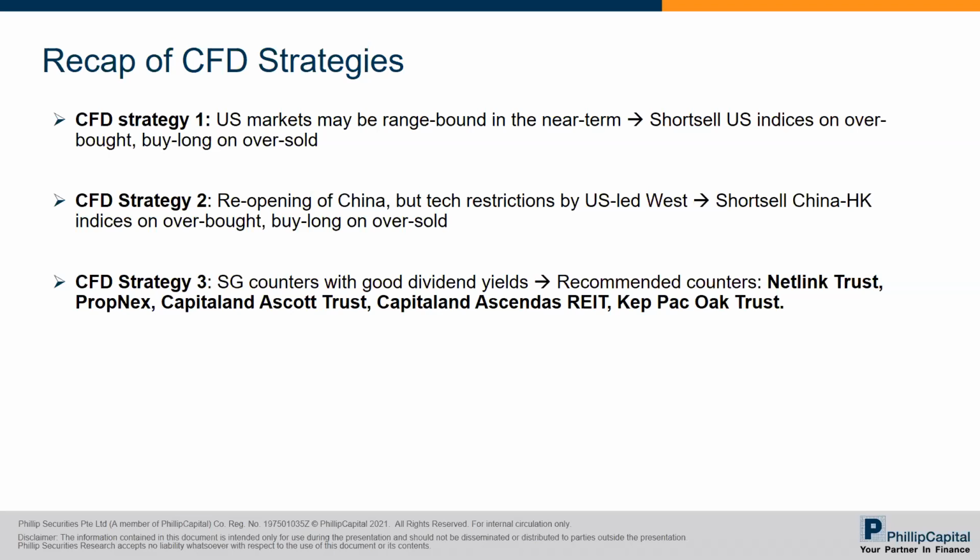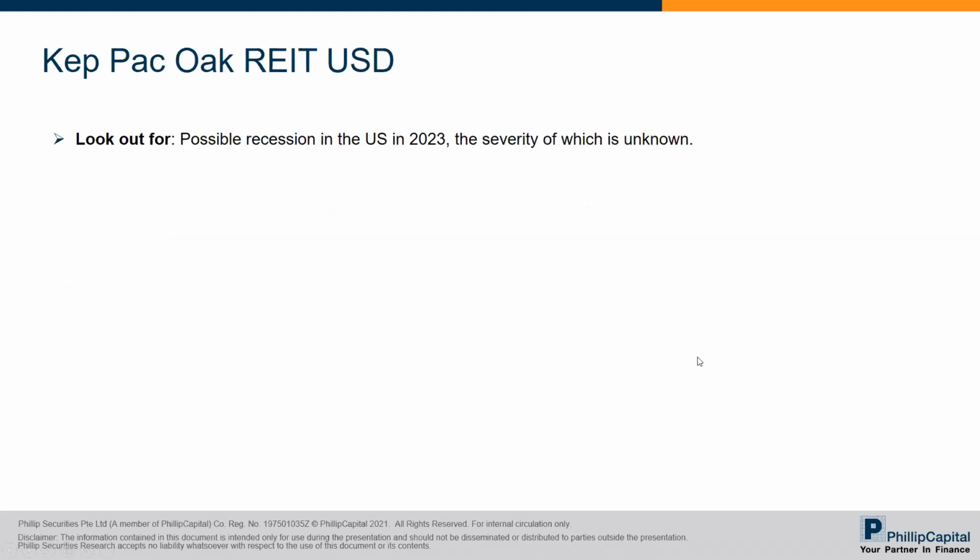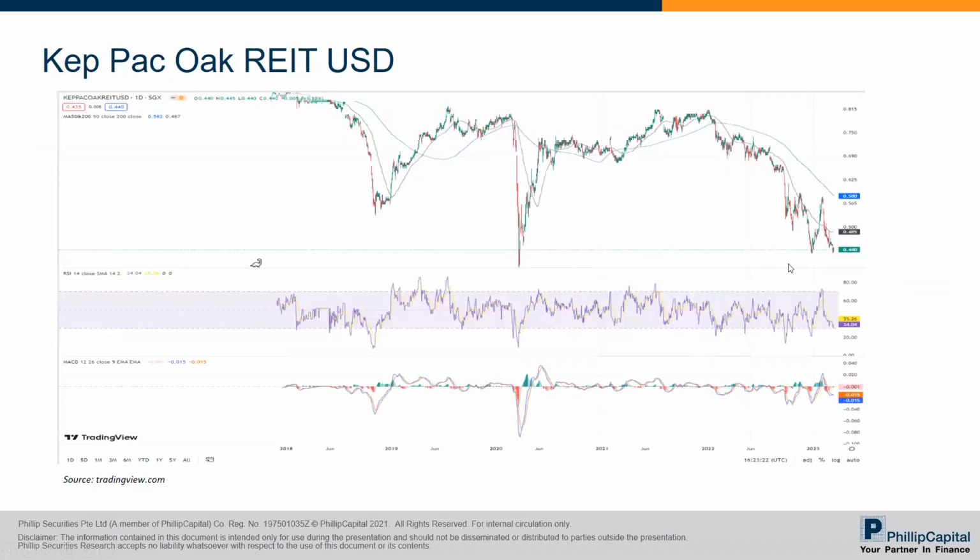And the 5 counters we mentioned will be Propnex, Escort Trust, Ascender Suite, Netlink, and Keppel Pacific Oak. But Keppel Pacific Oak is for the more risk tolerant customer, because there's high risk if you buy into Keppel Pacific Oak. But of course, if you look at the chart, it's trading near support, and it had a rebound just a few months ago, and the rebound was very strong, more than 20% within a few weeks.